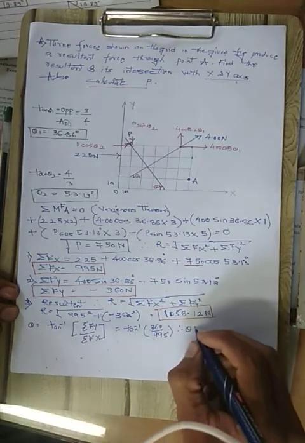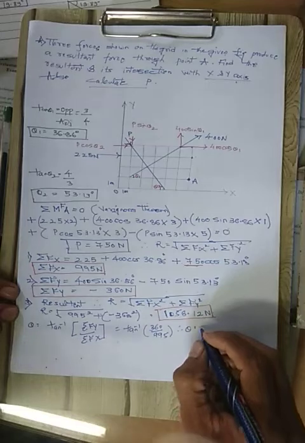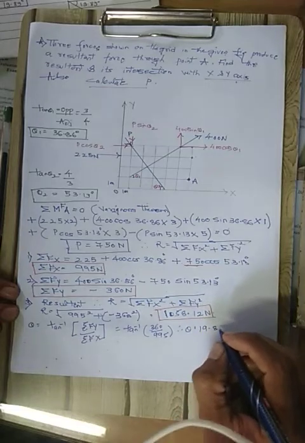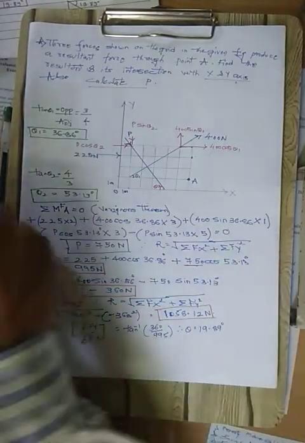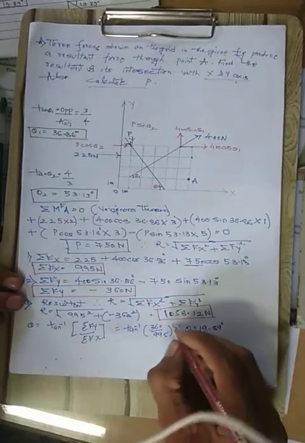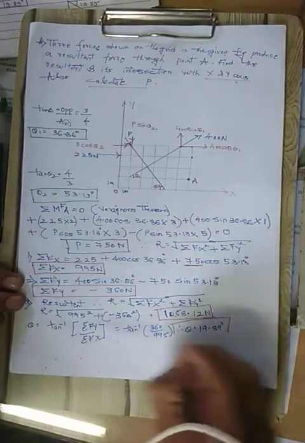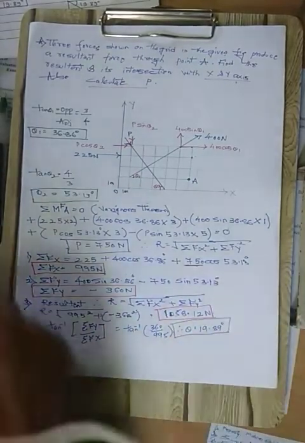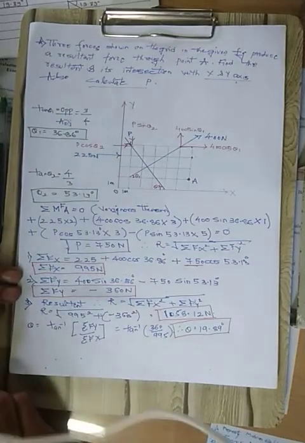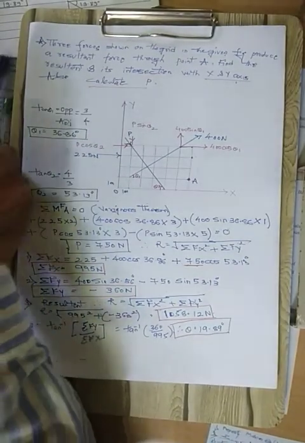Therefore, the value of theta comes to be 19.89 degrees. So in this way we have calculated the force and the resultant.